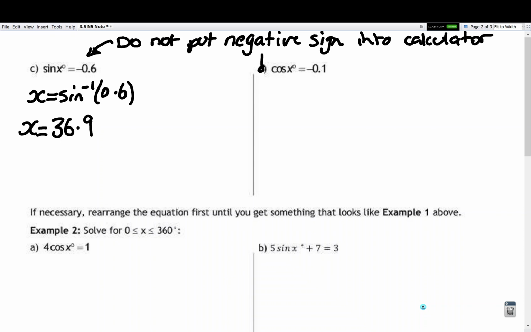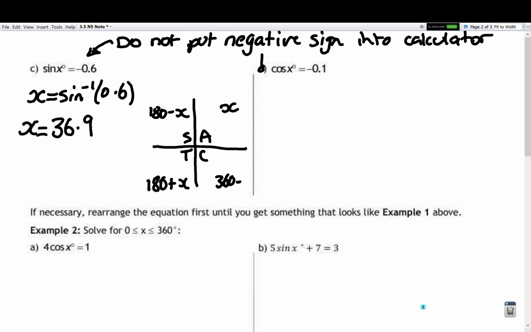Now here's where the CAST diagram becomes really important, and it tests your fundamental understanding of the whole thing. Draw your CAST diagram: x, 180 minus x, 180 plus x, and 360 minus x.